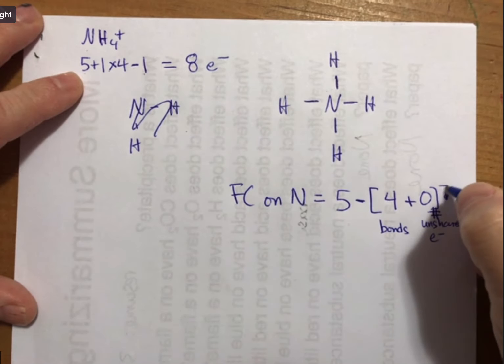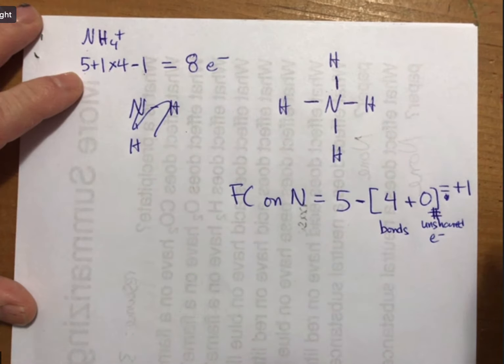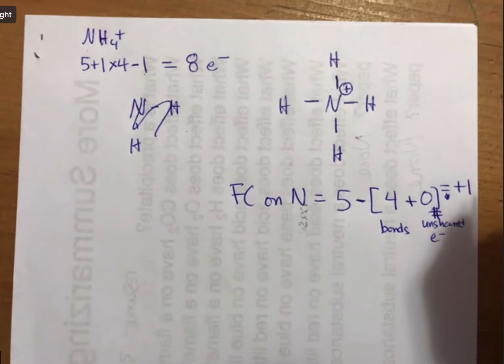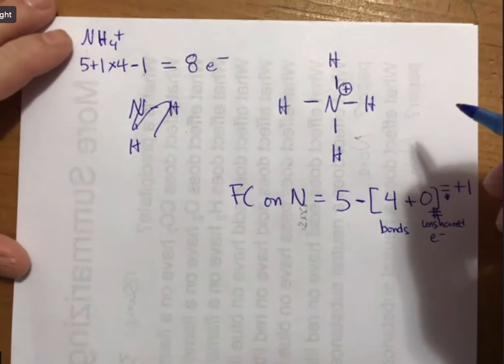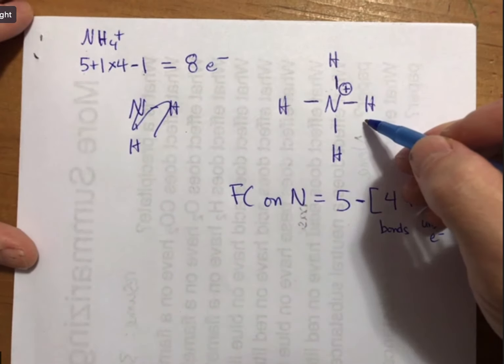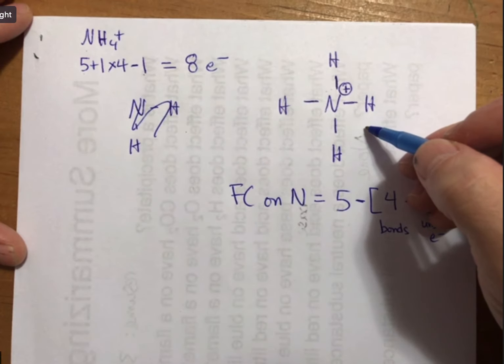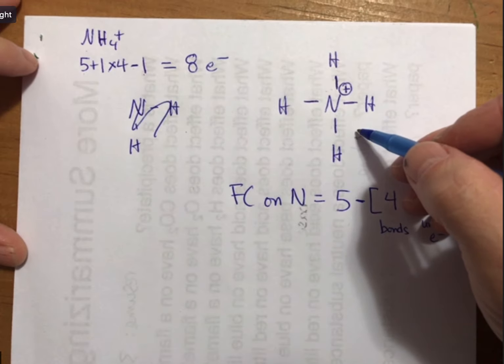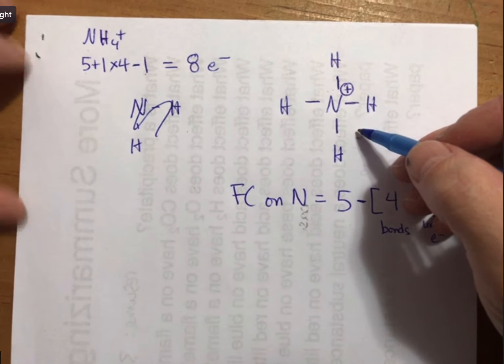My answer here is that nitrogen has a +1 formal charge, and I show that right there with a plus in a circle. This is a complete and best Lewis structure for NH4 plus, the ammonium ion. Does anybody have any questions about it?